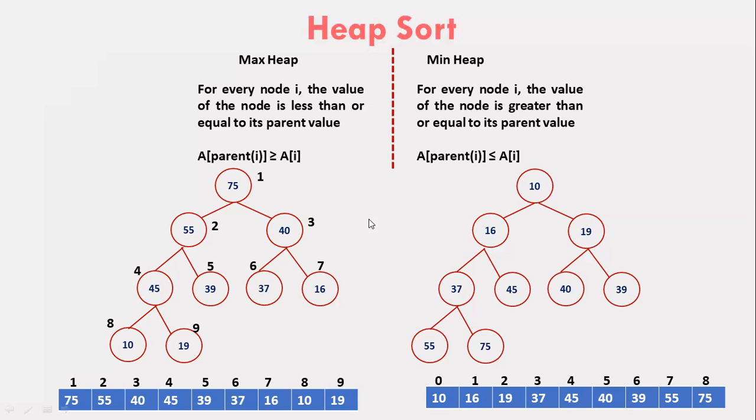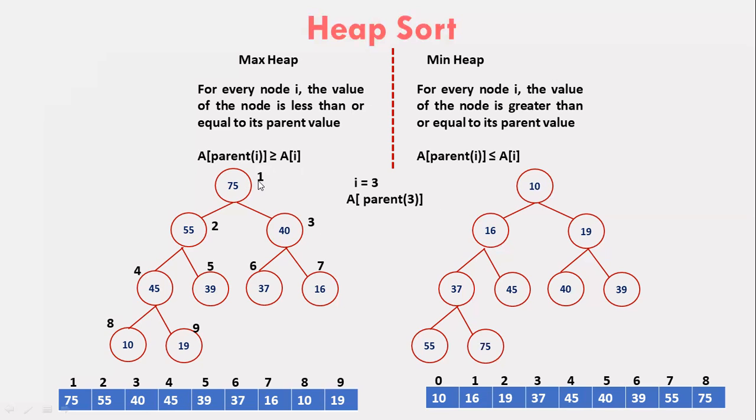Now let us see what is the parent of 40. What is the index value of 40? It is 3. So for i equal to 3, let me check whether this condition is true or not. Here A of parent of 3. Who is the parent of 3? The parent of 3 is 1.